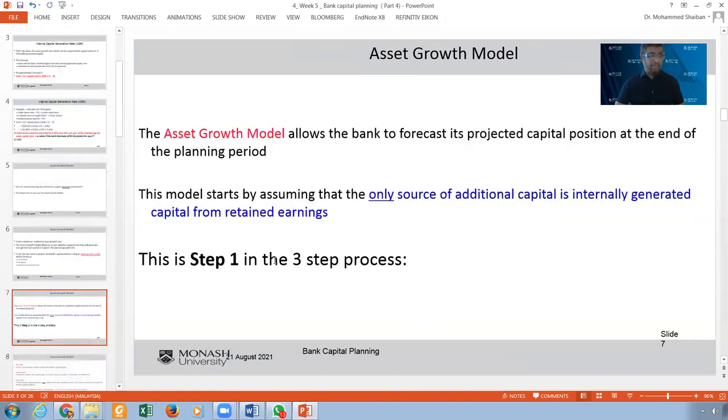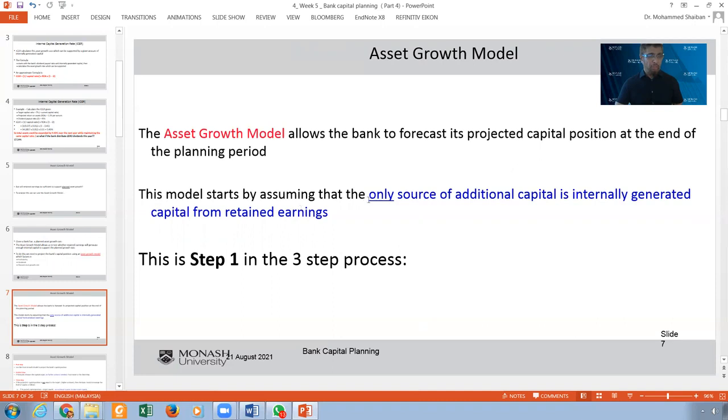And to look at it, the asset growth model allows us to forecast the projected capital position at the end of the planning period based on the current settings of dividends and profitability.